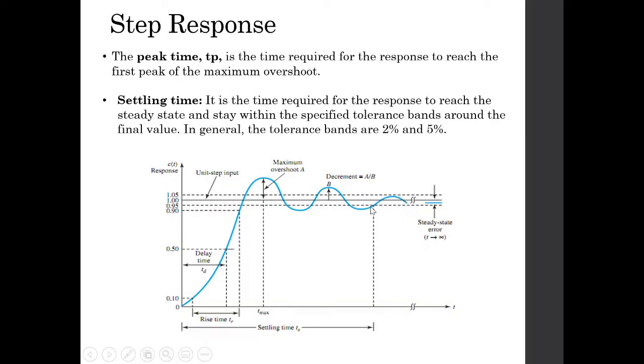We have marked the 5% settling time by these dotted lines, as you can see here. This is the point where our system response comes within the 5% tolerance band. So the time from 0 till this point is our settling time.